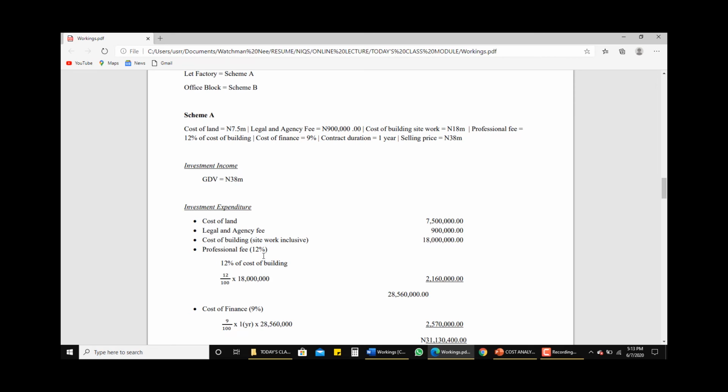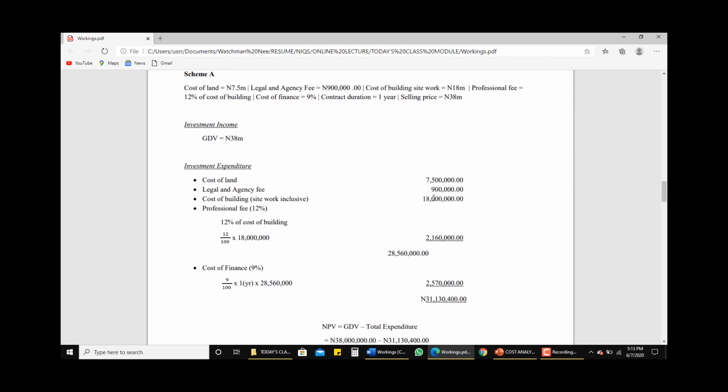The professional fee, which is 12% of the cost of building, as stated here, is 2,160,000 naira. So adding the whole thing together, we have a total of 28,560,000 naira.